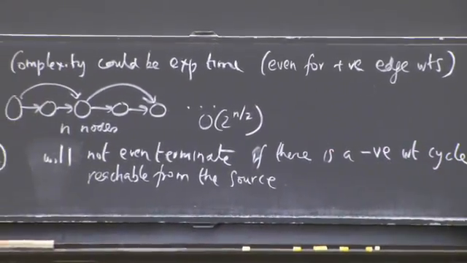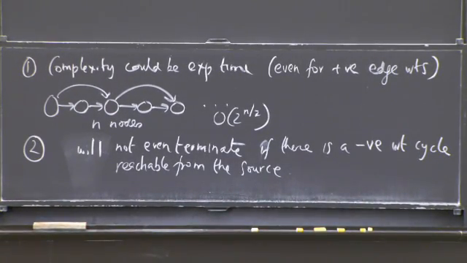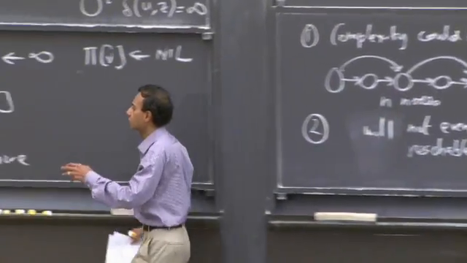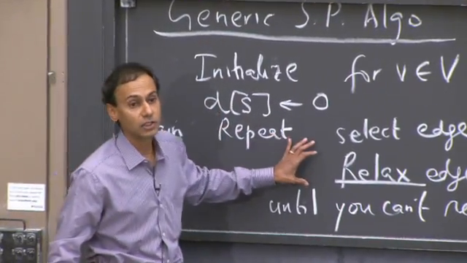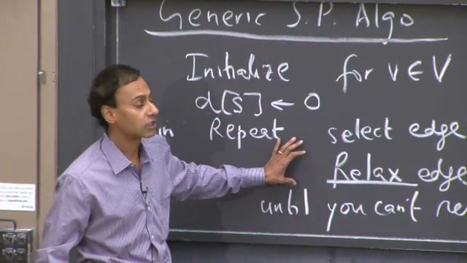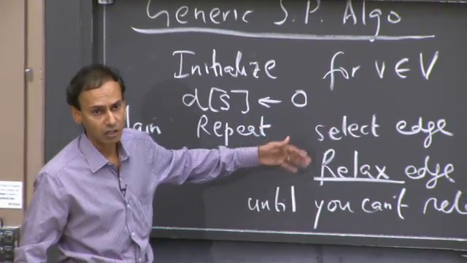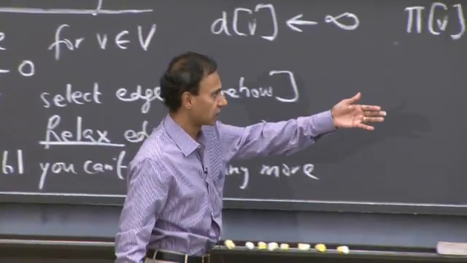You have a generic shortest path algorithm, and you realize that if you do this wrong, you could very easily get into a situation where a polynomial time algorithm, and we know one for Dijkstra, turns into exponential time in the worst case, for a graph like that, because you're selecting edges wrongly. That's problem number one.